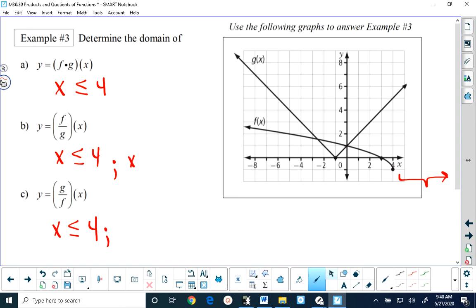So we're going to have x is not equal to as an addition to both of these domains. Now remember, f over g of x means f of x over g of x. And that means the denominator, g of x, cannot be 0. Okay, well here's g of x.